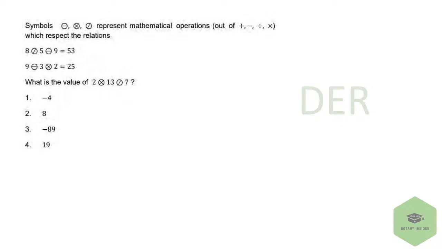So you have the symbols and then you have the mathematical representations. These three symbols are getting represented by mathematical operations with respect to their relation. So what is the value of 2, this symbol, 13, this symbol and 7?